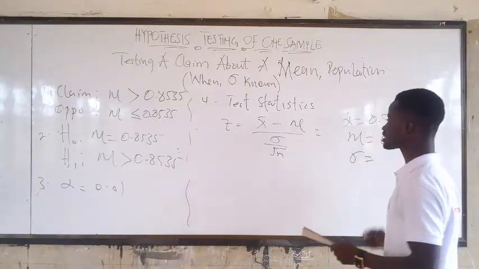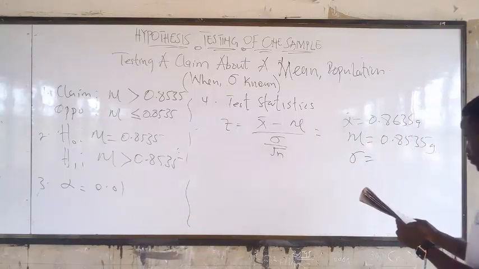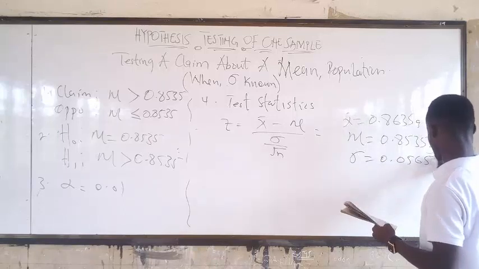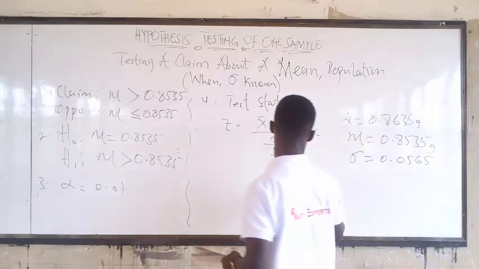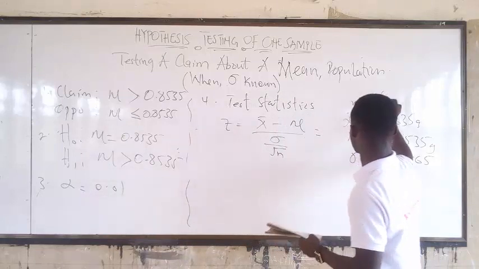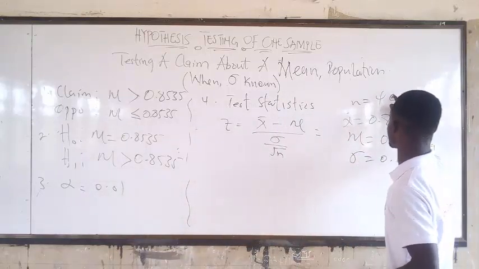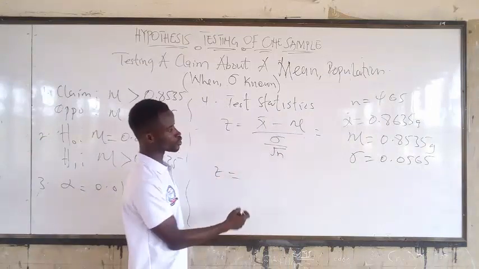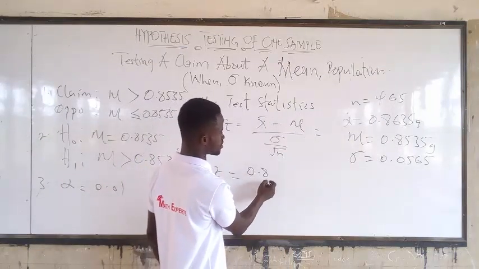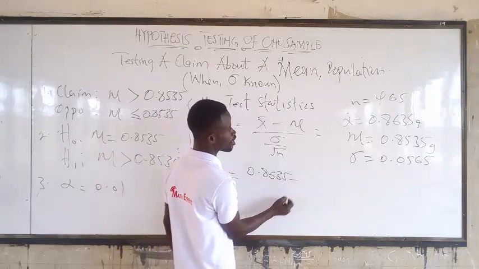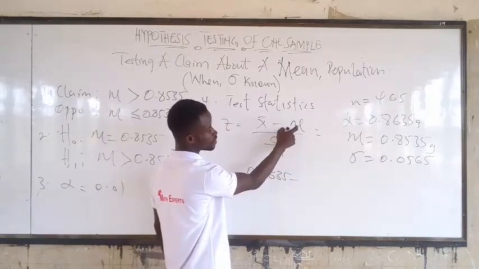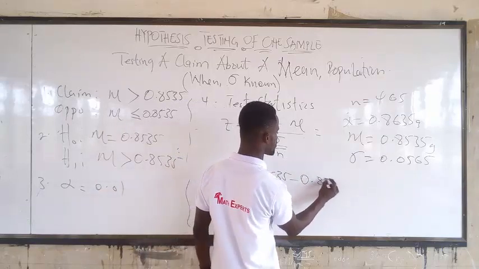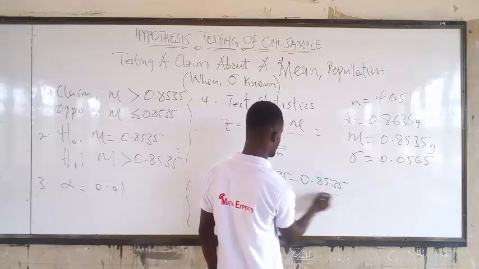The population standard deviation, which was given in the question to be 0.0565. And the n is 465. So we come back to do our substitution: 0.8635 minus the mean, where the claim is, 0.8535.